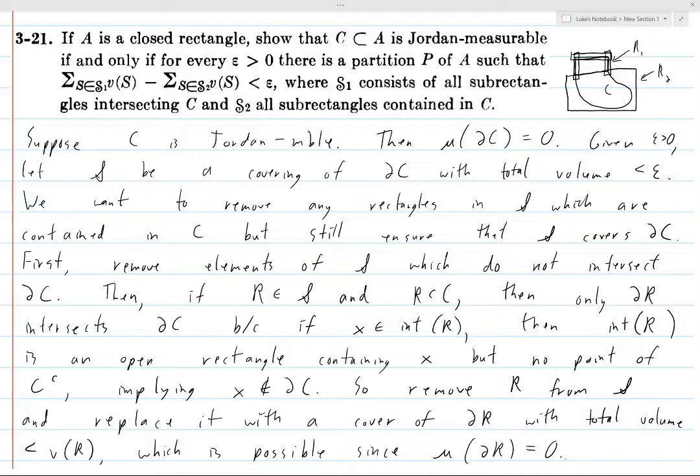We can add this cover of the boundary of R into S, and we can do so in such a way that we don't add any additional volume to the sum of the volumes of the elements of S, which is important because then it doesn't make the sum of the volumes of the elements of S any bigger.